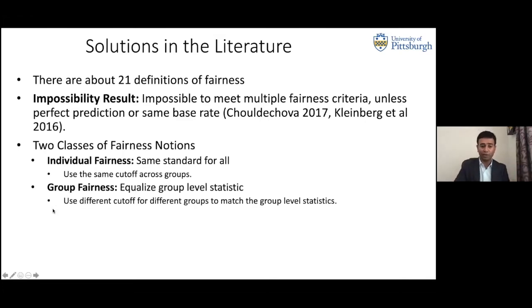So you have to equalize some group level statistics. Then you have to use different cutoffs for different groups to match this fairness notion. But that can be controversial because some groups might say that making the cutoff the same is actually fair, and some groups might say making the cutoff different for different groups is actually the fair thing.